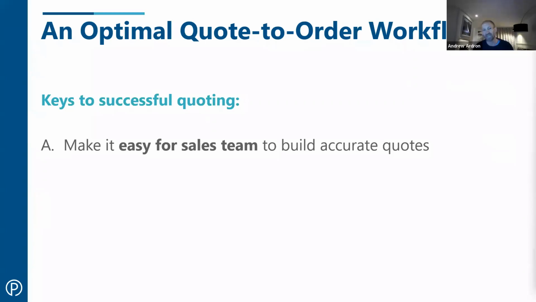But also, salespeople want to be selling; they don't want to be doing admin. So, make it easy for the sales team to build accurate quotes, and that often means putting a lot of effort in up front to organize and standardize and create the tools that they can use that allow them to just quickly build those accurate quotes.